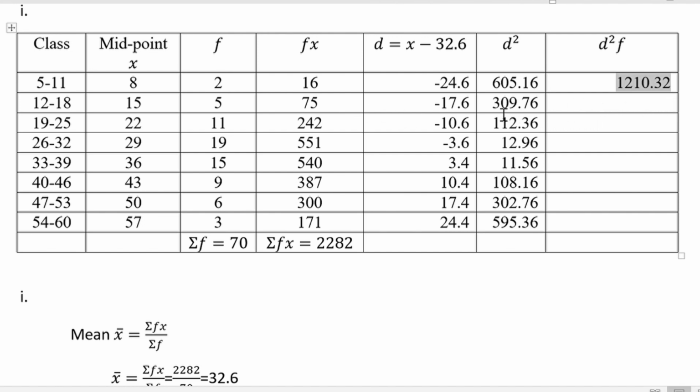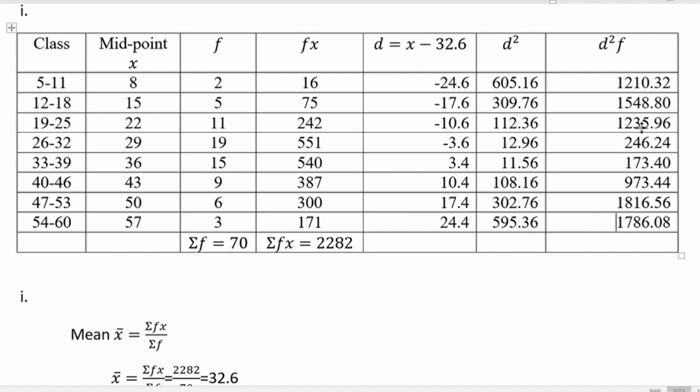The second one will be given by 309.76 times 5, giving us 1548.80. The next one will be 11 times 112.36, and so we shall get the remaining ones in that similar manner. This last one is found by taking 3 times 595.36.